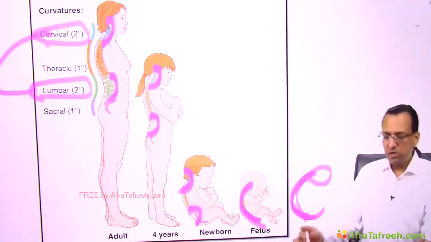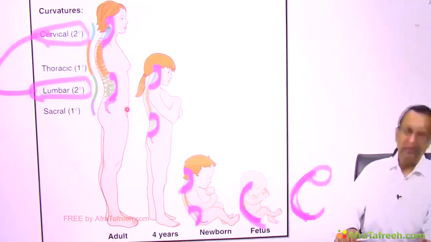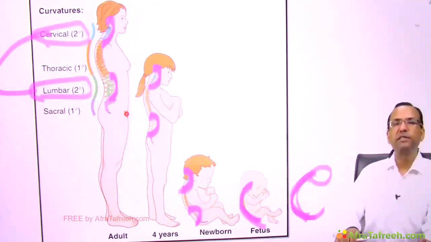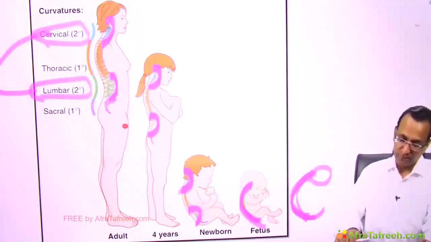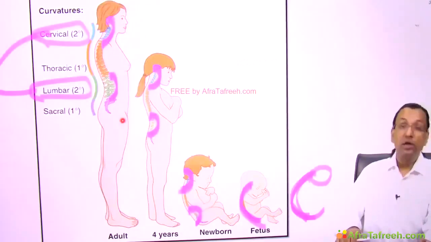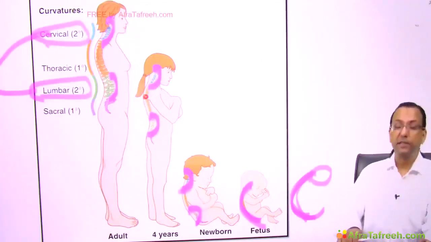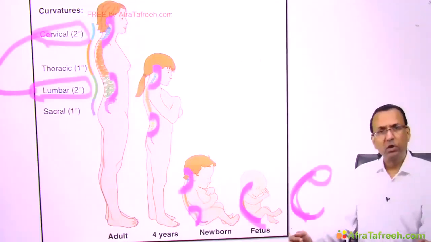Now this lady has become pregnant and center of gravity has moved anterior. What will happen? This lady became pregnant and there's a baby anterior, so the center of gravity is anterior. Tell me what will happen during pregnancy.